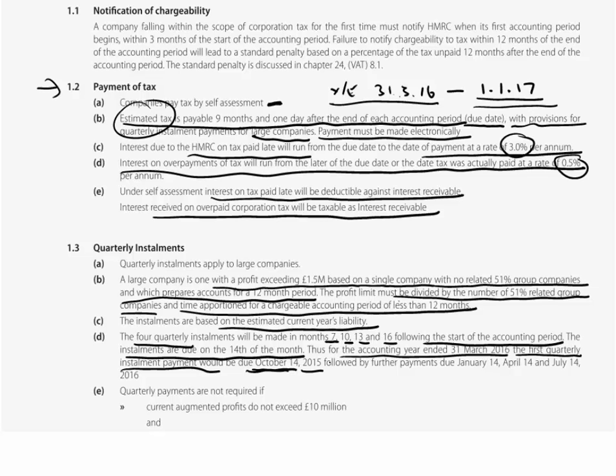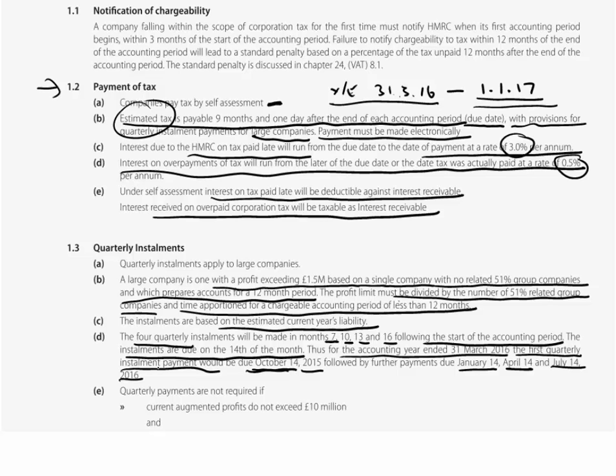That will be followed up by further quarterly instalment payments, obviously then at 3 monthly intervals. The next one will be due January the 14th, April the 14th, and July the 14th of 2016.